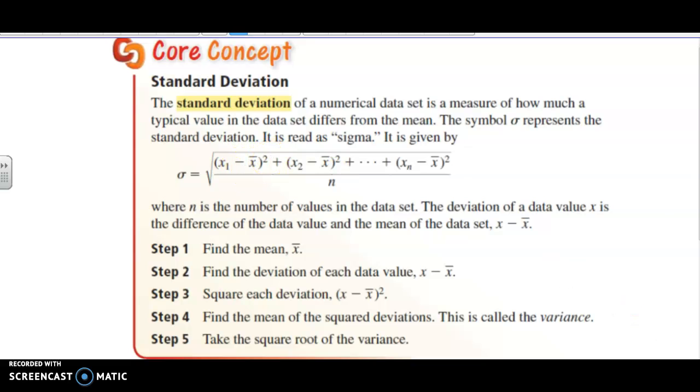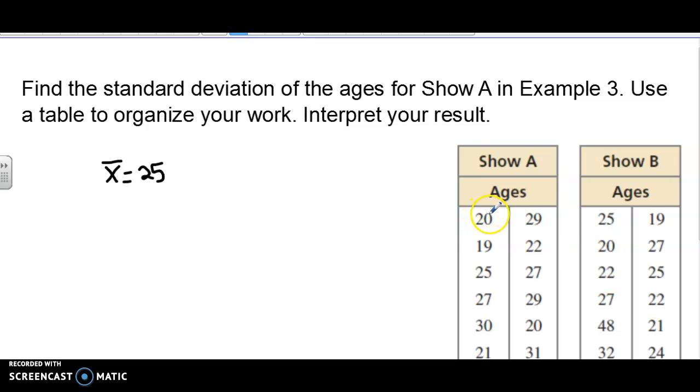Since we're going to square it, it doesn't matter if I do 25 minus 20 or 20 minus 25. 25 minus 20 is 5, and 20 minus 25 is negative 5, but either way, when you square it, you get 25. Even though that is the formula, if you just want to see the difference between 25 and 20, it's 5.